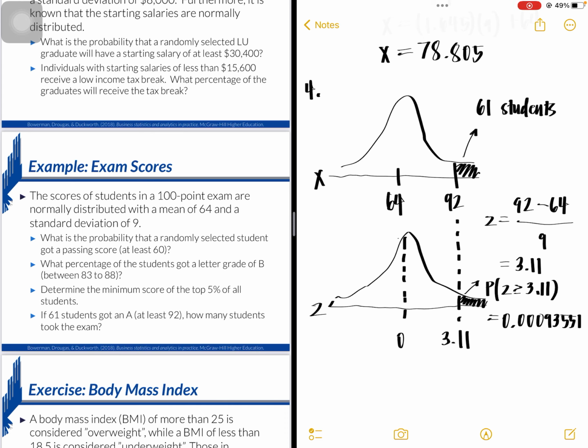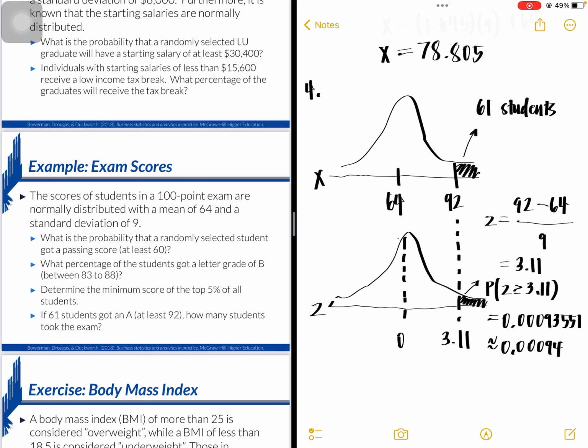Now if we use the standard normal table, we can look for 3.11 in the table, and the table will give you the area to the left, so subtract that from 1. Or you can use symmetry: instead of looking for 3.11, you can just search for negative 3.11 in the table, and the table gives us a probability that is up to 5 decimal places only, which is 0.00094.